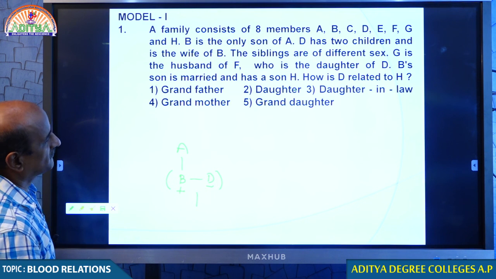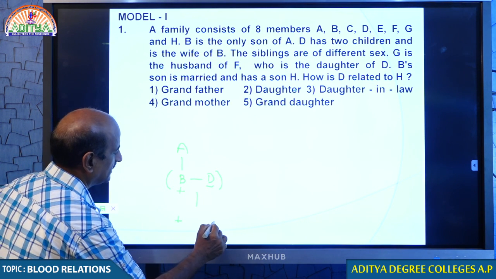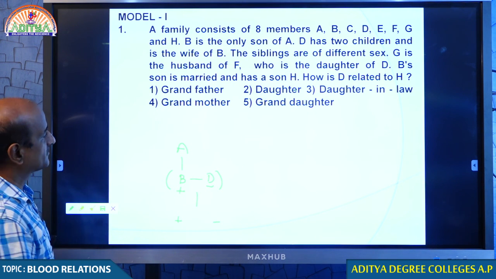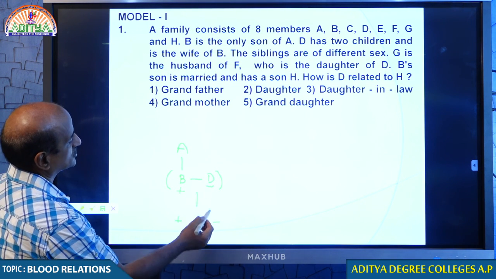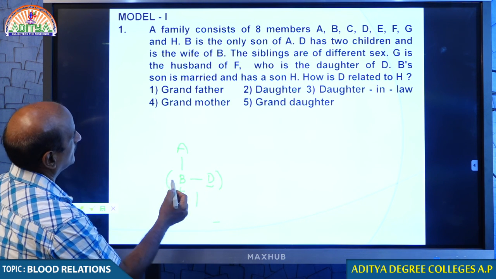The siblings are of different genders. So, D's one child is male, another child is female. Okay, students? D has 2 children, of different genders, and she is the wife of B.